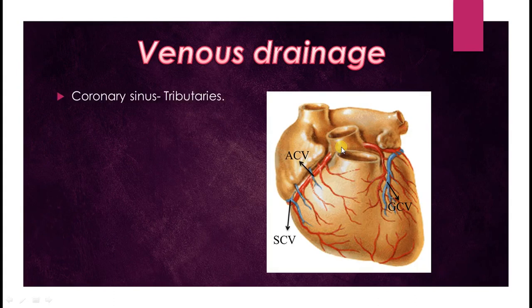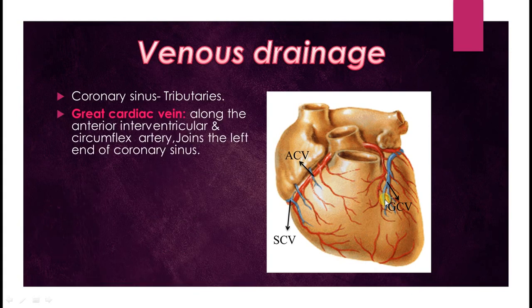Mostly the tributaries of the coronary sinus are the great cardiac vein. It is seen along with the anterior interventricular branch in the anterior interventricular groove, and then along the circumflex artery to join, or it continues as the coronary sinus.